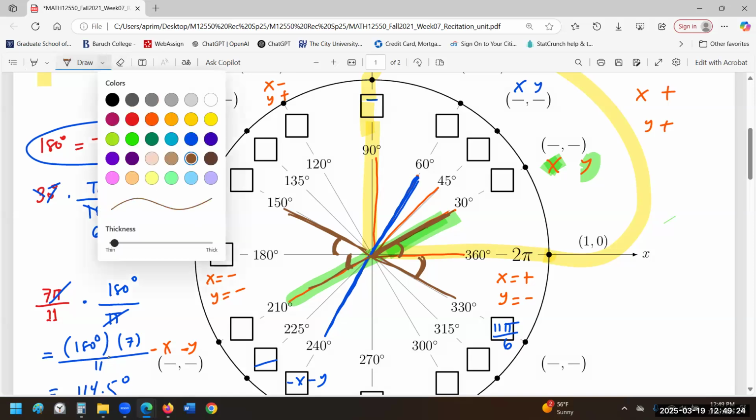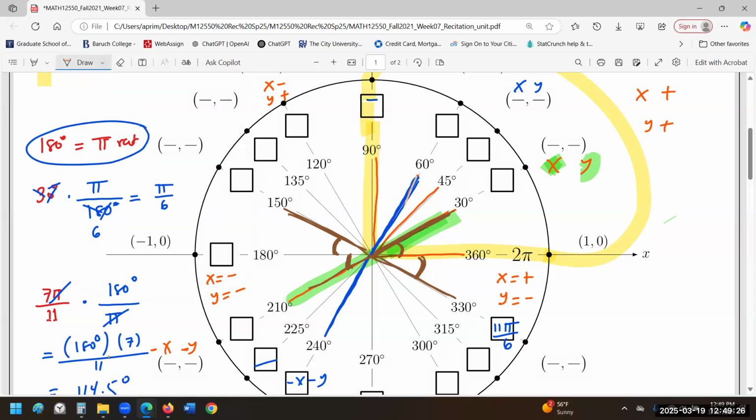Similarly, let's say you're working with 60 degree. Whatever we have for 60 degree here, you have the exact same 60 degree here. So this is 60 degree from here to here. From here to here is also the 60 degree. Here, this is also 60 degree from here to here, and from here to here is also 60 degree.